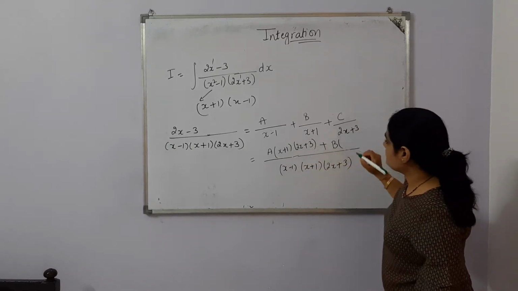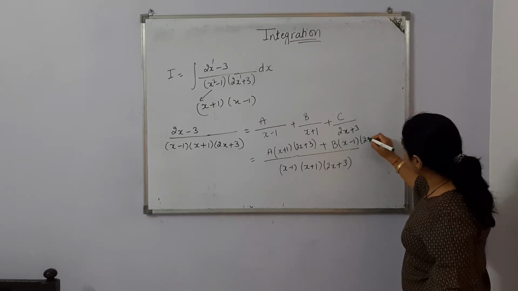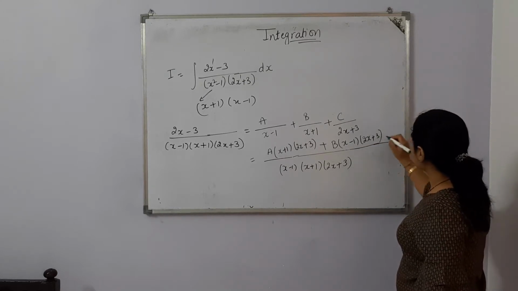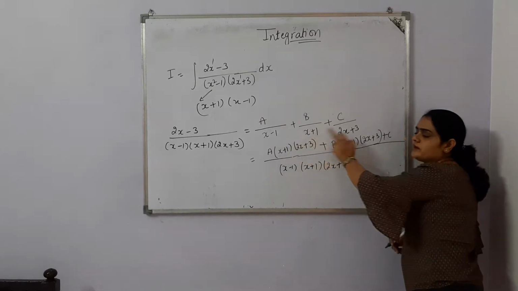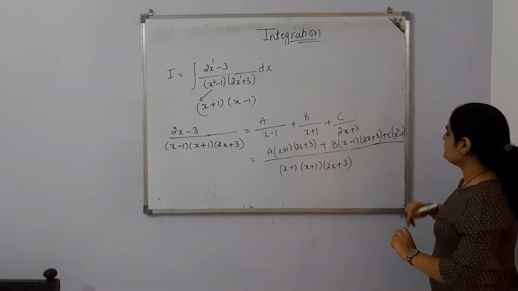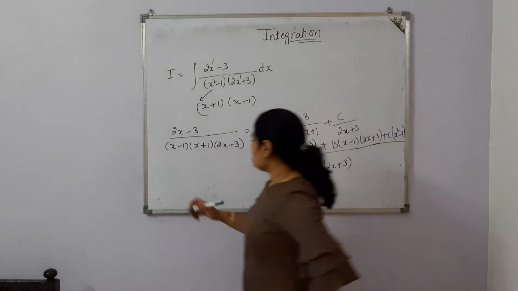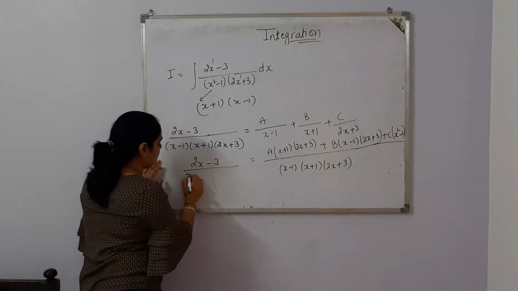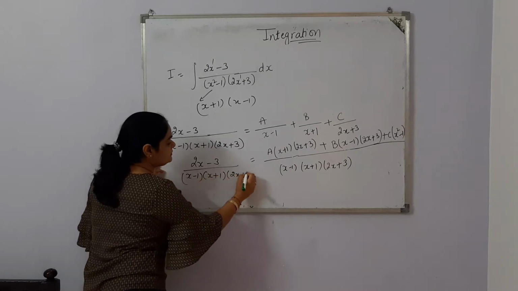And with b, we multiply x minus 1 into 2x plus 3, and with c, 2x plus 3 is already there, so we multiply x minus 1 into x plus 1, and x minus 1 into x plus 1, we can apply the formula a square minus b square, it is x square minus 1. Now on the left hand side, we have 2x minus 3 over x minus 1, x plus 1 into 2x plus 3.